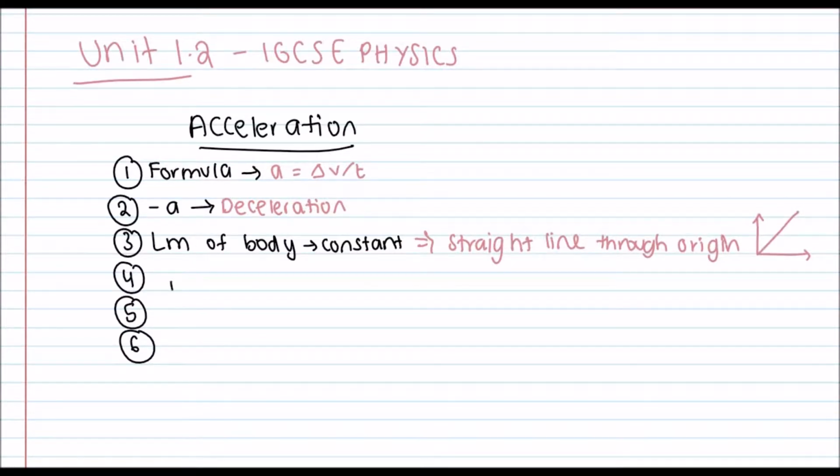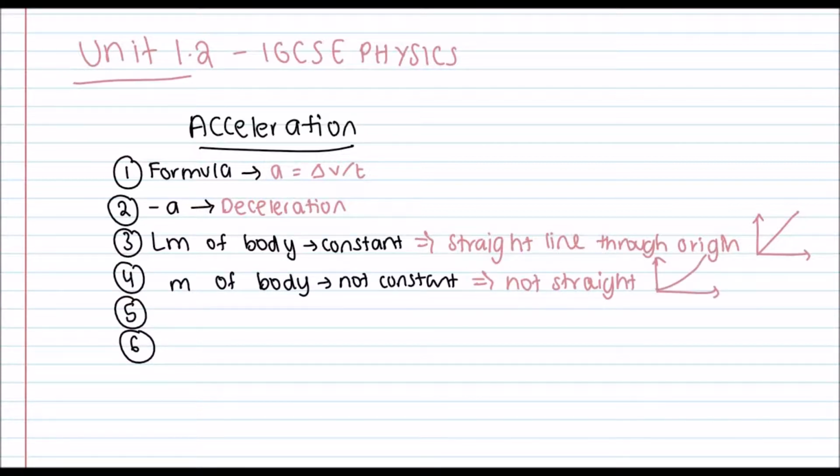And now the motion of a body which is not constant, it's not a straight line. Or you can draw a graph like that, or something which is more like that.